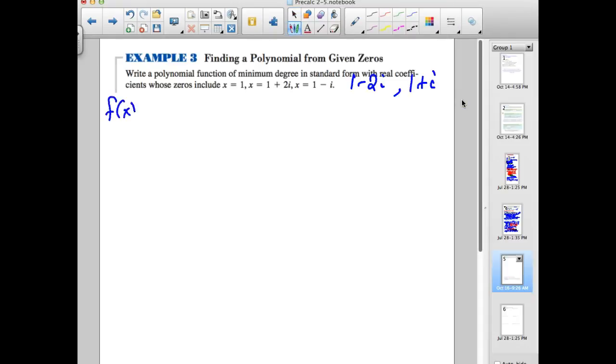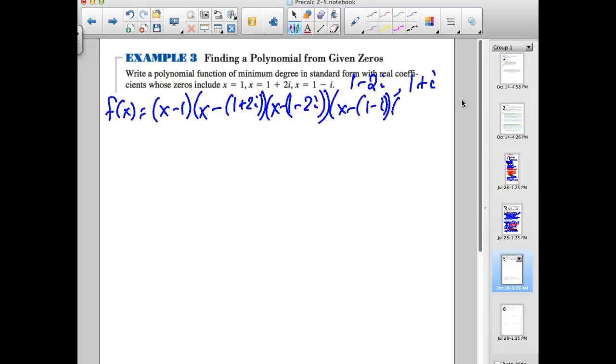So our function f of x equals x minus 1, x minus 1 plus 2i, x minus 1 minus 2i, x minus 1 minus i, and x minus 1 plus i. All right, again, I would multiply conjugates together first, so let's hold off on this x minus 1 for a minute. And let's deal with the second and third pair, and then the fourth and fifth pairs together.